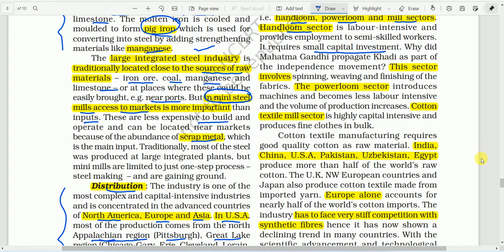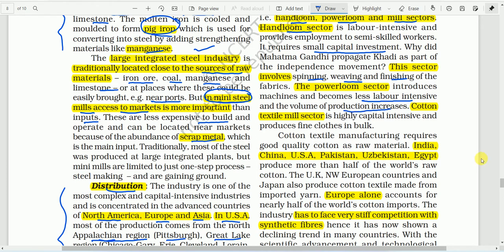So the handloom sector involves spinning, weaving, finishing of fabrics. Actually, from spinning to weaving to finishing, all these are done by hand only. And the powerloom sector introduces machines and becomes less labor intensive, and the volume of production also increases as compared to the handloom.